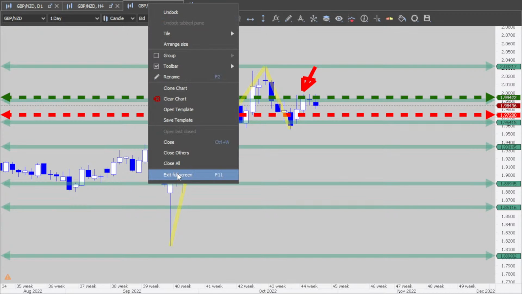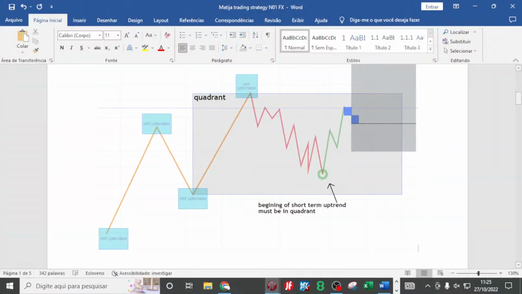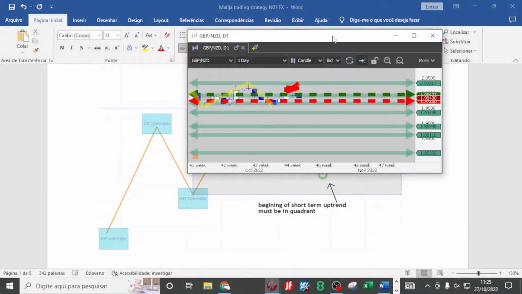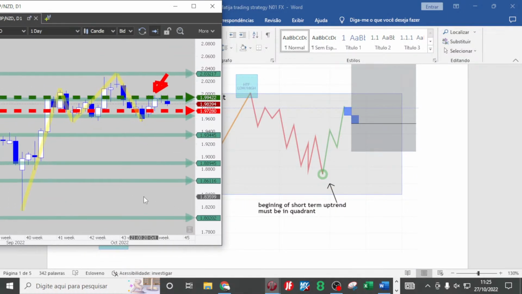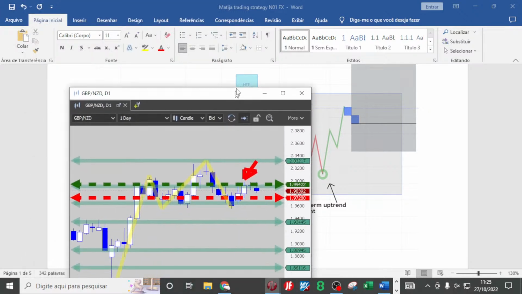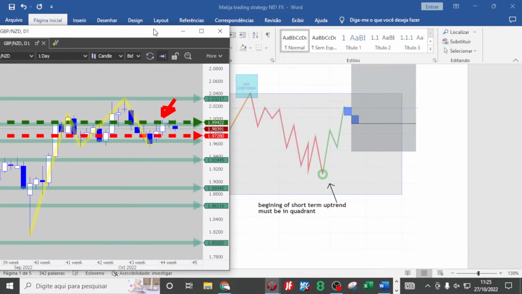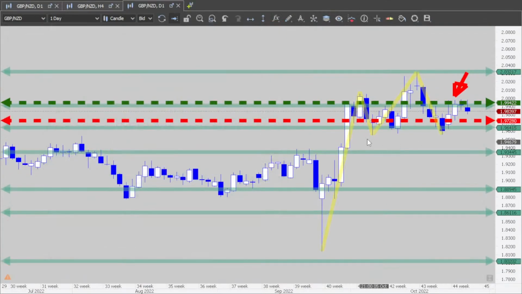Not sure about this one, so let's check how this works. Is this the quadrant? It must be high time frame low, high time frame high. I believe it's okay. We are following the strategy.